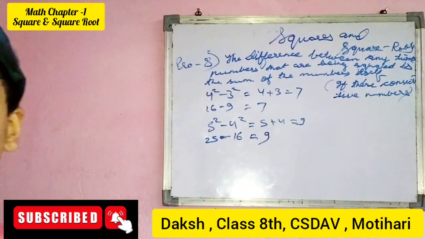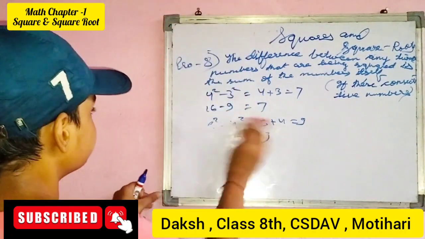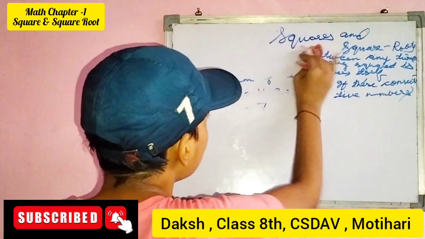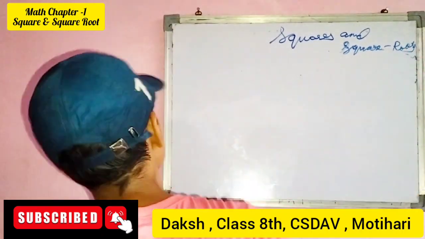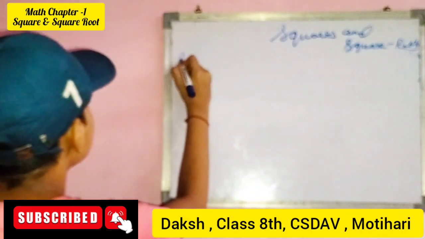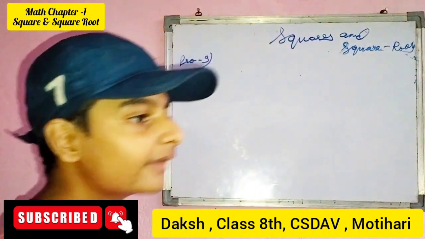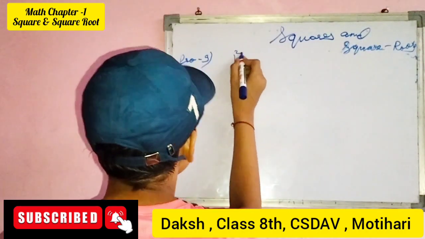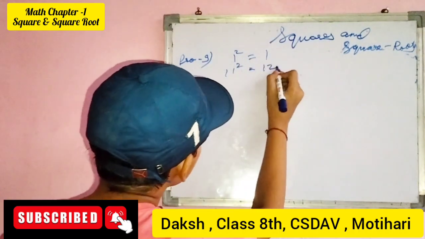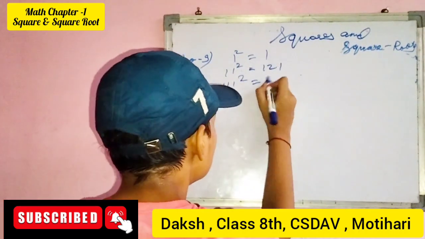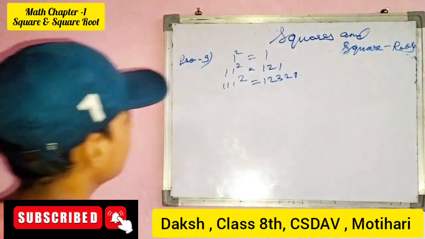Now comes property number 9. This is more like a trick than a property. Property numbers 9 and 10 are both tricks to take out the squares of numbers related to them. Property number 9 says that any number that has all its digits as 1 follows a peculiar pattern when squared. 1 square equals 1, 11 square equals 121, 111 square equals 12321.